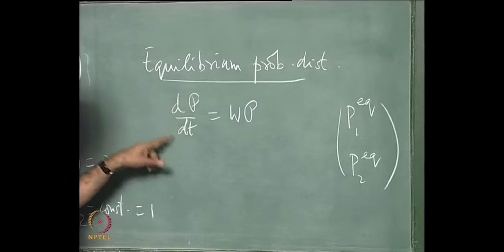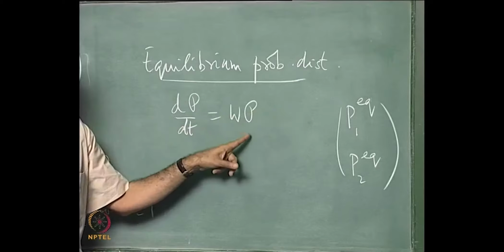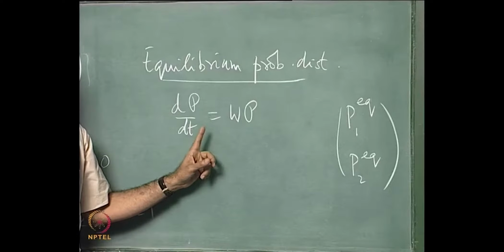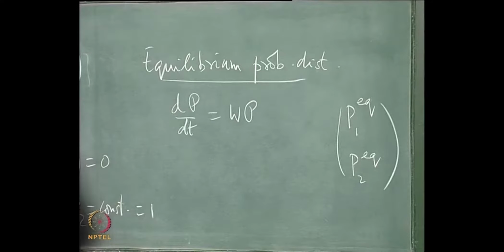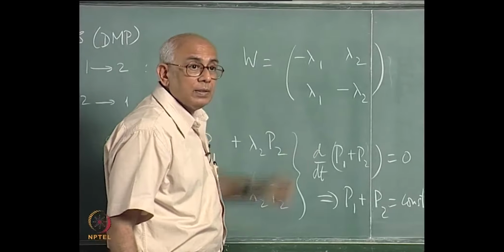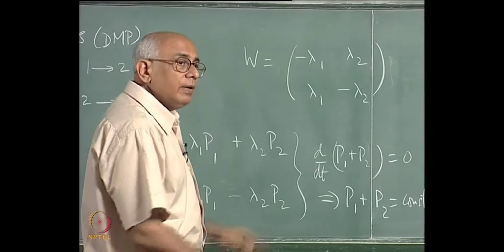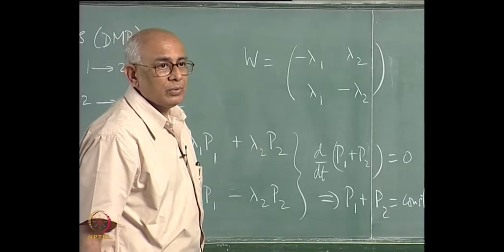I would have to set this equal to 0. In other words, I would have to find a column vector P which is annihilated by W. You act with W on the left and you get a null vector. Because the sum of each column is equal to 0, it is evident that the uniform vector is a left eigenvector with eigenvalue 0.